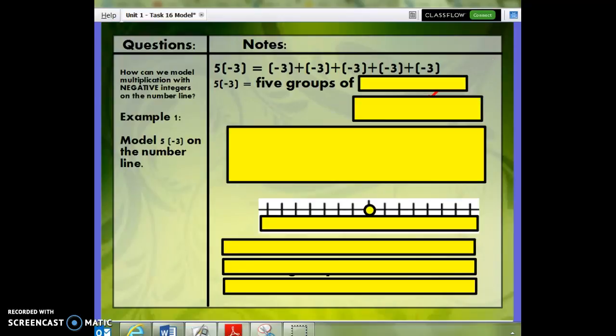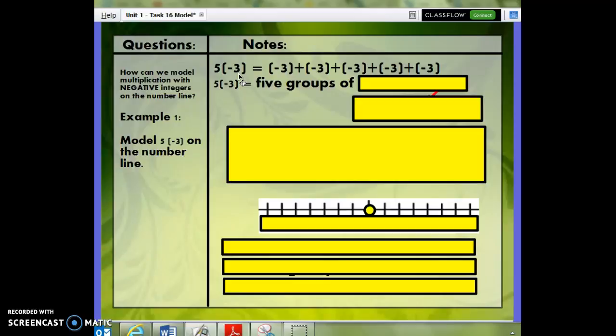So let's begin with an example. I have here 5 times negative 3, and we know that the answer will be negative 15, but why is it negative 15? What makes that work? Is it just a rule? It's not just a rule. There is a reason why a positive times a negative number equals a negative number all the time.